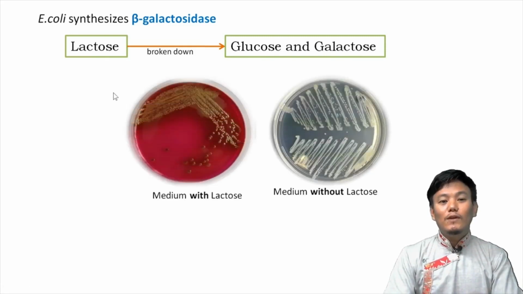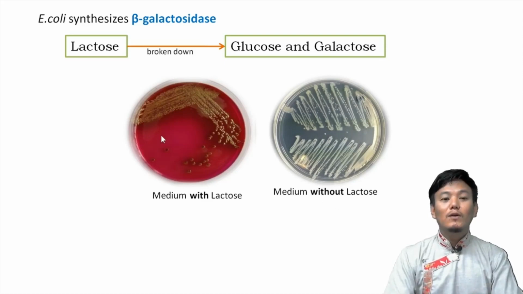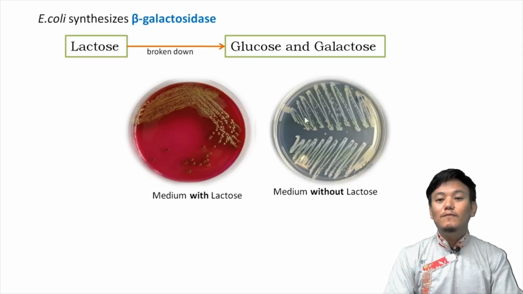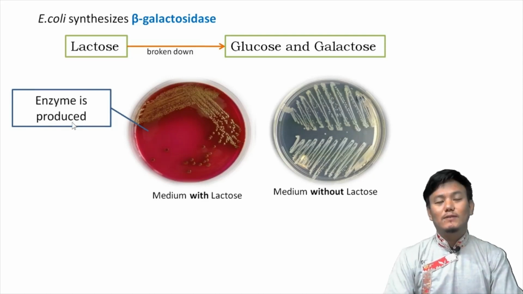Now, if we have two separate bacterial colonies, one which gets lactose in the medium and another which does not get any lactose in the medium, what happens is, the one which is getting lactose in its medium produces the enzyme beta-galactosidase.